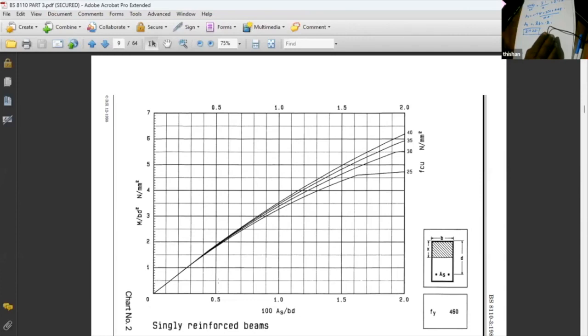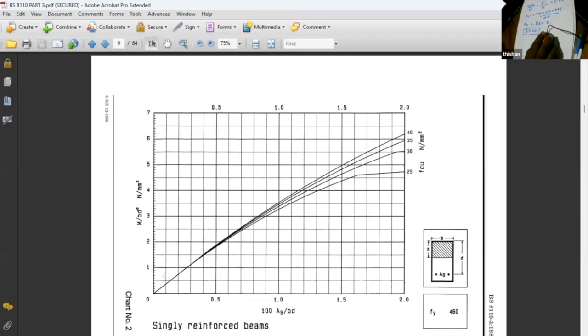But this is for 460 steel. For 500 steel, the chart goes a little above. So these are almost a straight line. When M over b d squared is 3, it's about 0.75. It's a little above, but for the Eurocode, you get 0.75.